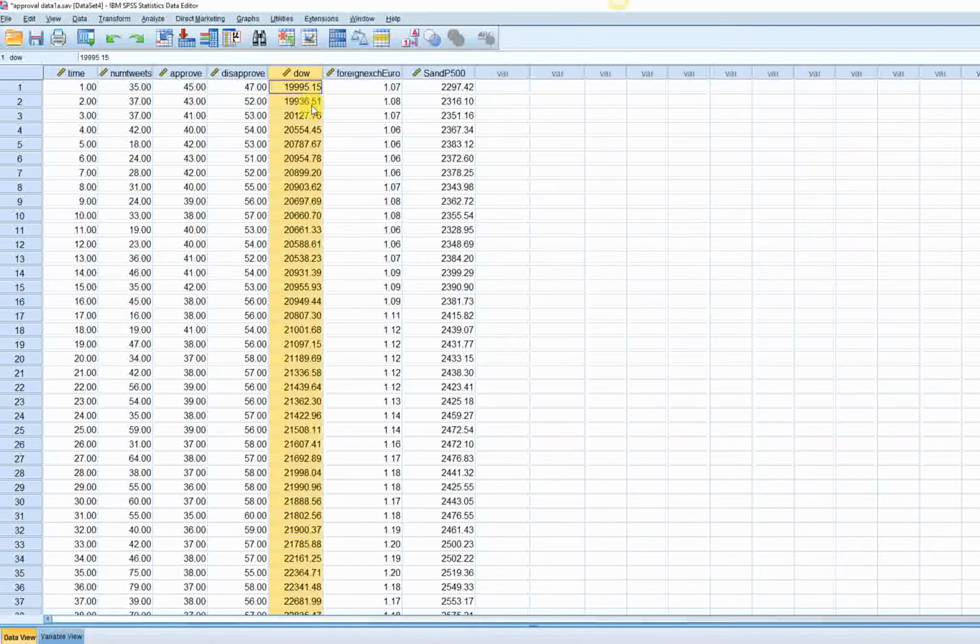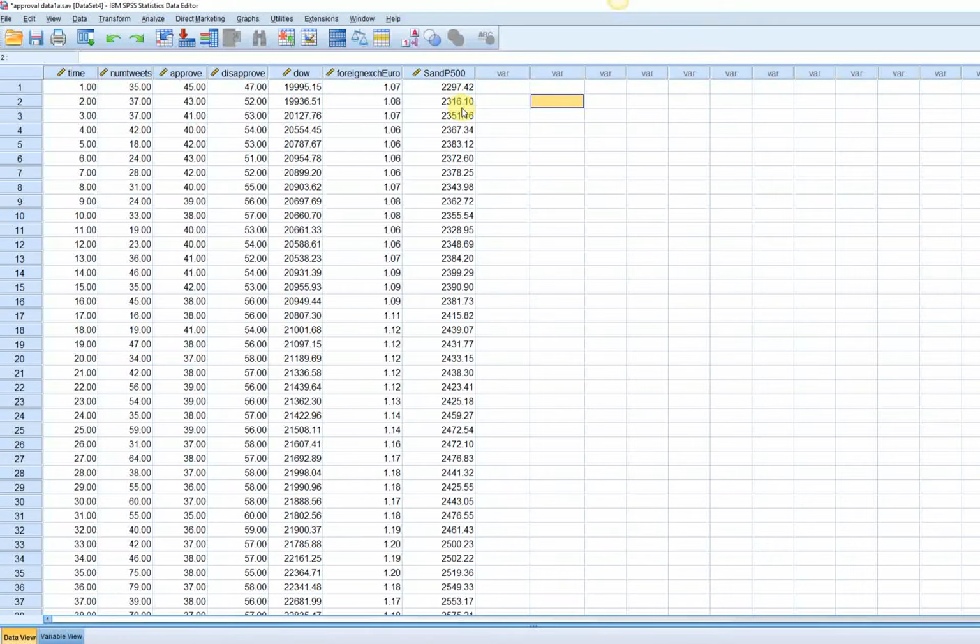Okay, so first off, when it comes to running time series analysis, you want to look to see if there's any kind of trending on your variables. So what I am going to do is take a quick look to see if there's any kind of trends over time with respect to presidential approval, number of tweets, and the Dow Jones.